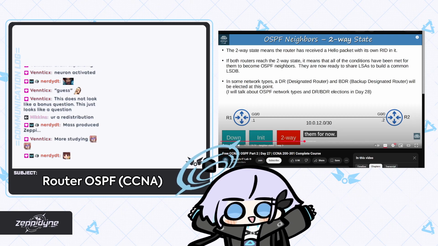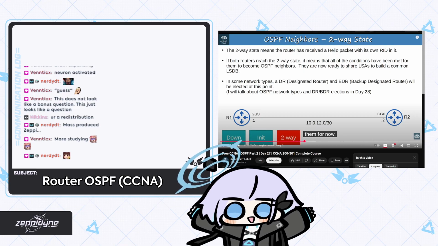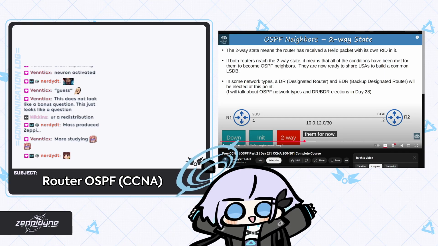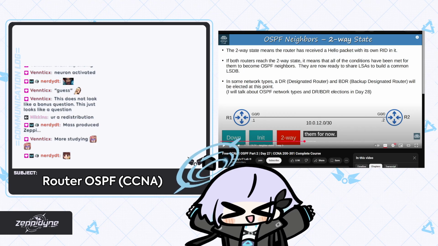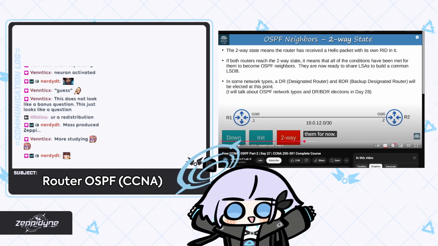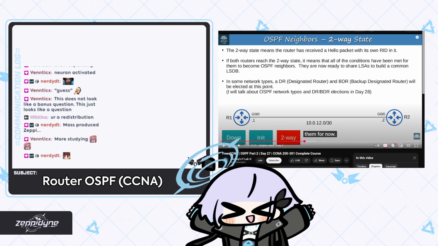DR and BDR, they're basically just like nomination of the big boy router. Same as how ASBRs are designated.